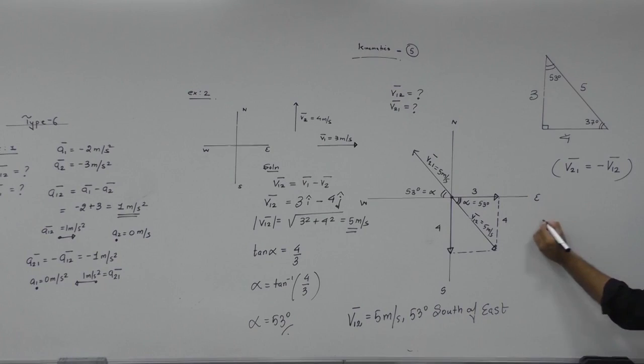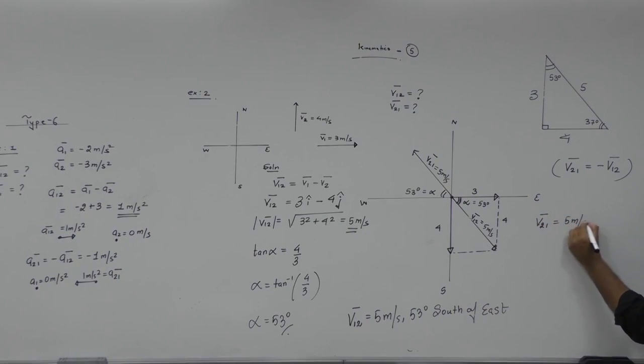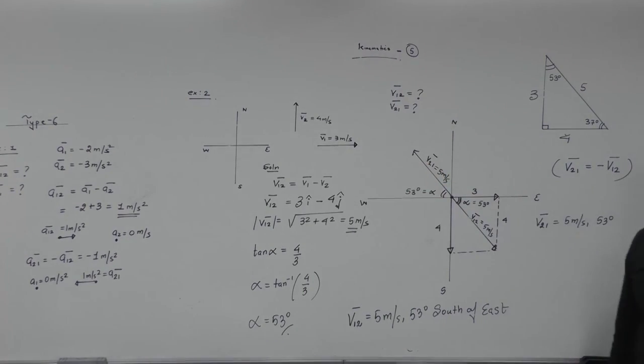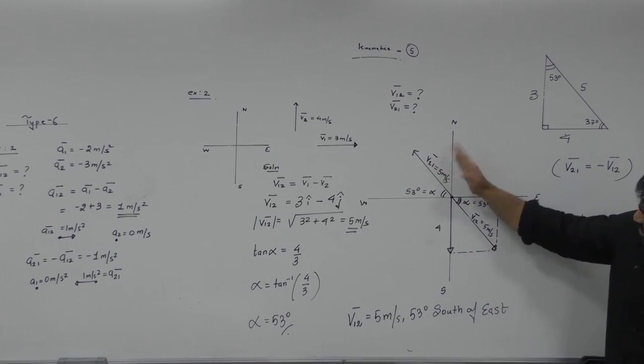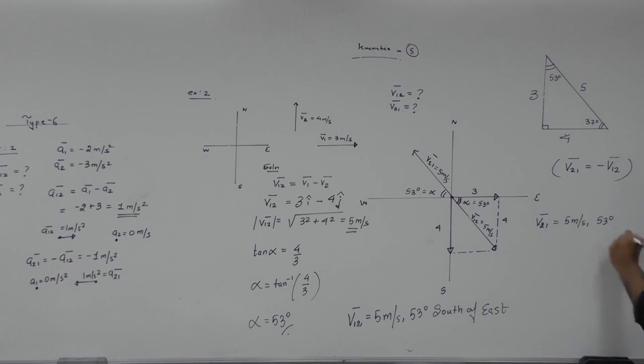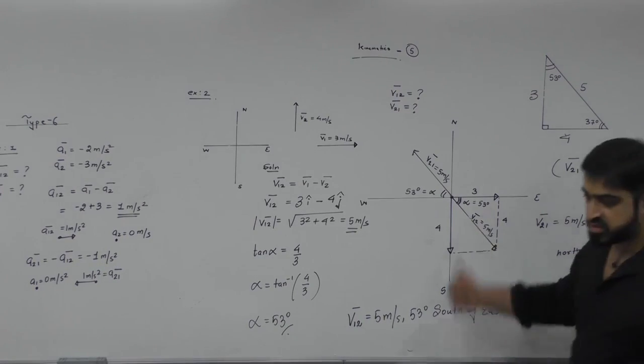Can I say what is V21 bar? Can anyone tell me? V21 bar magnitude is 5, 53 degrees north of west or 37 degrees west of north. But I'll write 53 degrees north of west. Did you understand? Write this down fast.